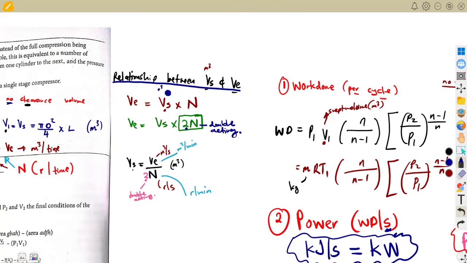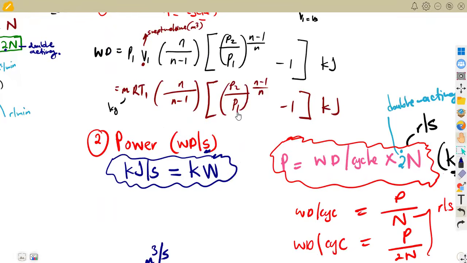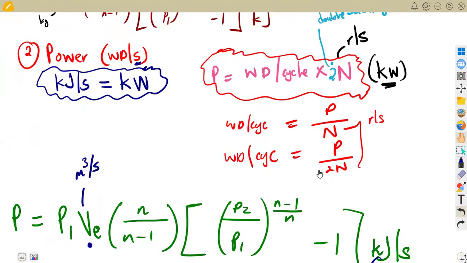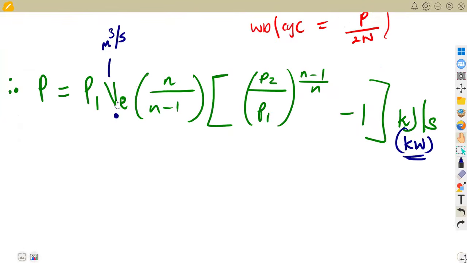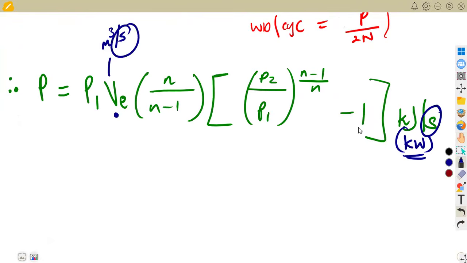You use it as it is, but you have to convert it when it is not per second. You have to change the units so that it is given as cubic meters per second, so that you obtain kilojoules per second, which means kilowatt.